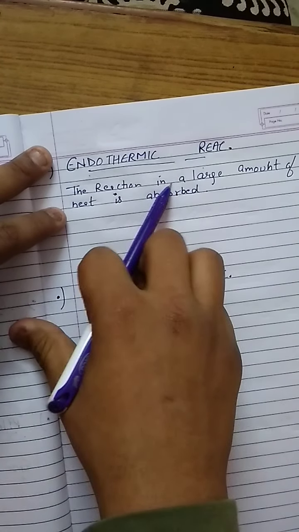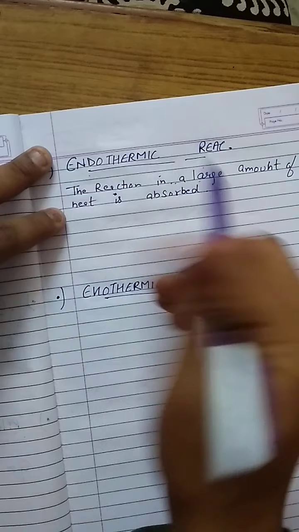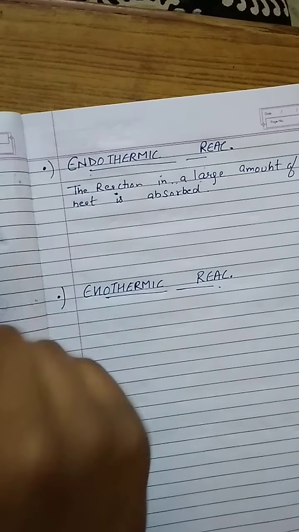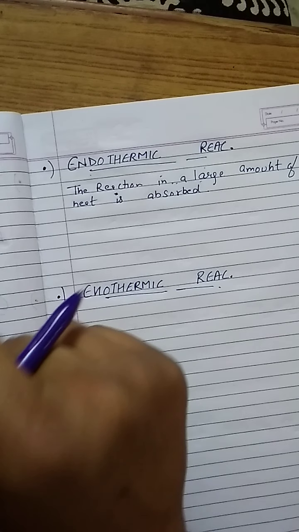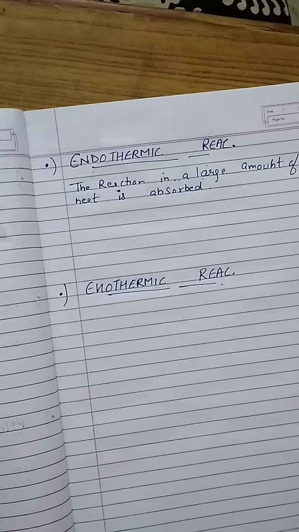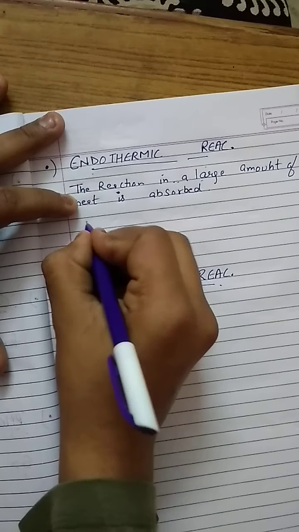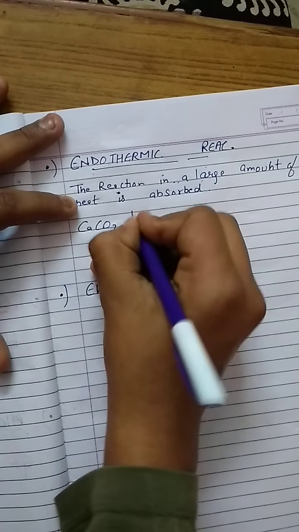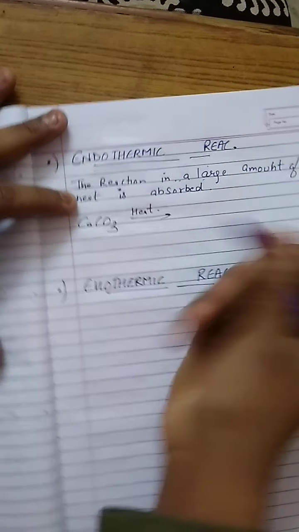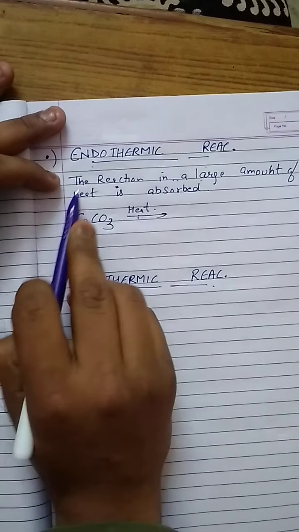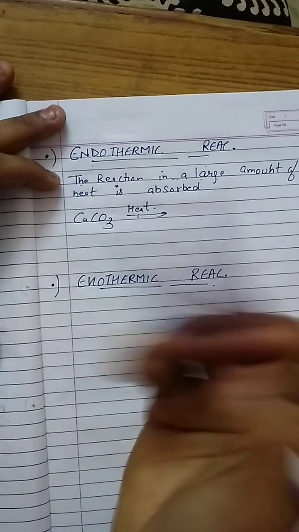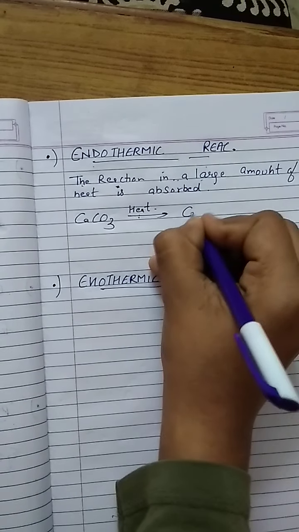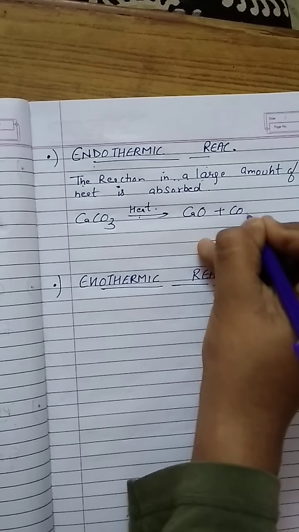The simple example of this reaction is calcium carbonate in the presence of heat. Here we are using heat, in the reaction in which a large amount of heat is absorbed, giving calcium oxide plus carbon dioxide.